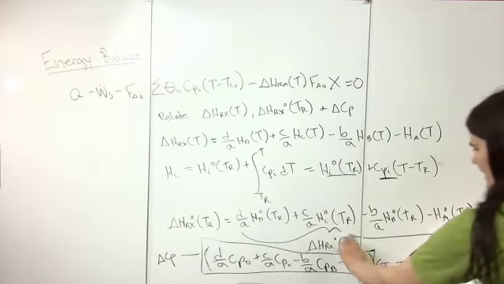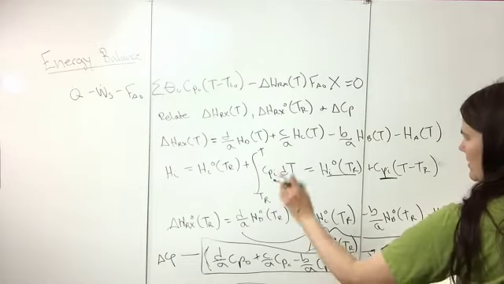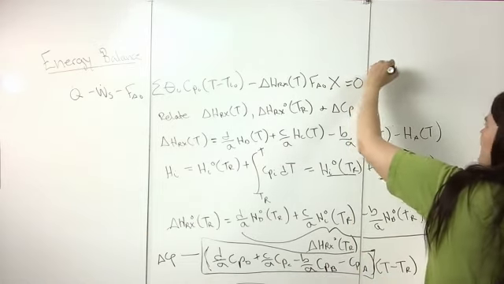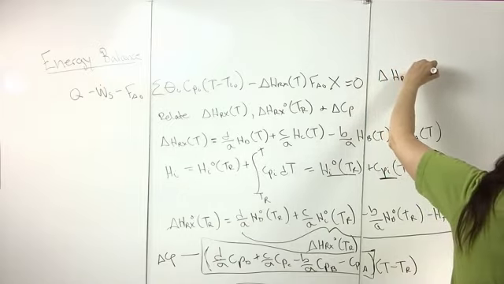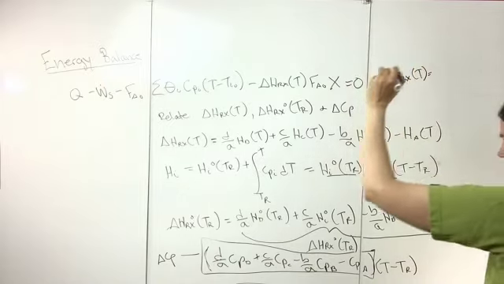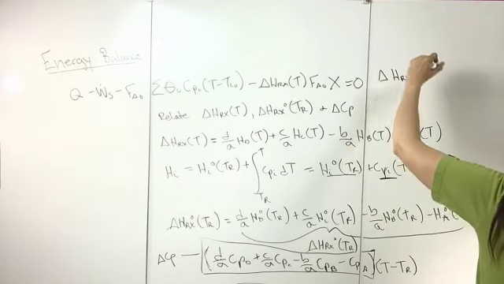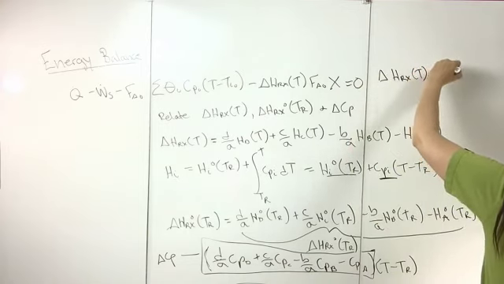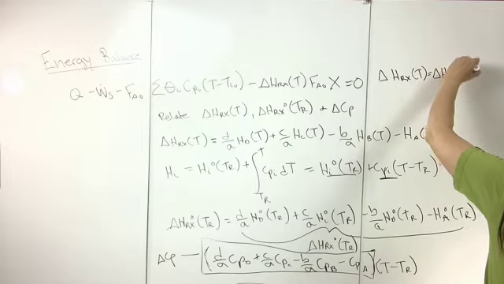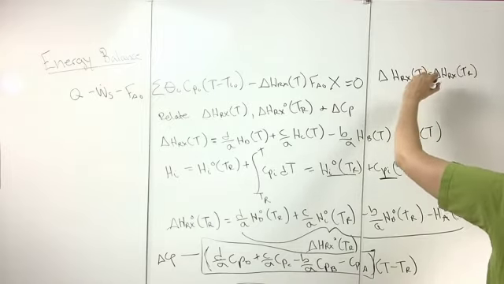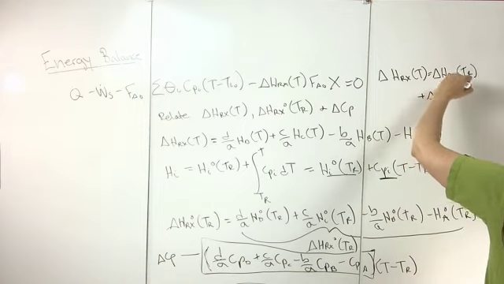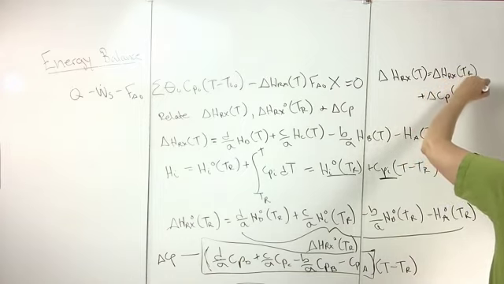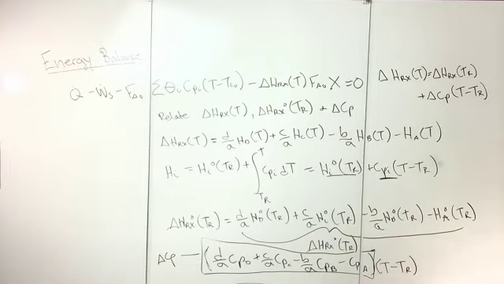So then taking this and this, we can rewrite the heat of reaction at T as equal to the heat of reaction at some reference temperature plus delta Cp (T minus TR).